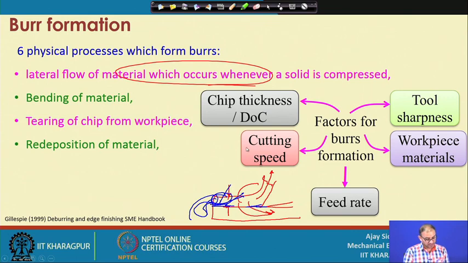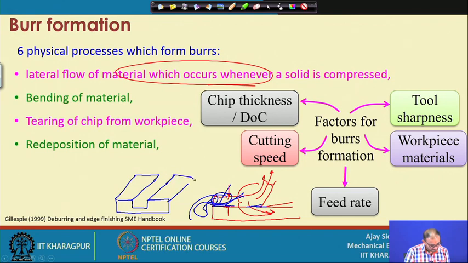Redeposition of the material mostly happens in the milling operation, because when you are cutting a slot, this is what you want to cut. Your milling cutter is here, and consider that the size of this slot is the same as the diameter of the milling cutter.